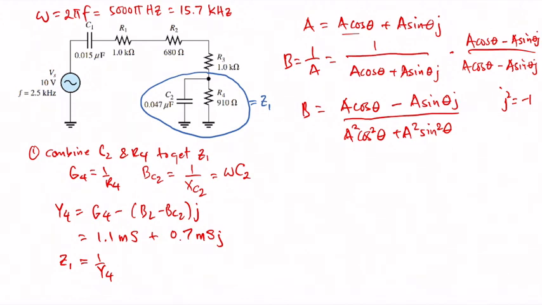We're left with cosine squared theta plus sine squared theta, and that should be equal to 1. So the denominator is a squared, and then we simplify this as cosine theta over a minus sine theta over a j.